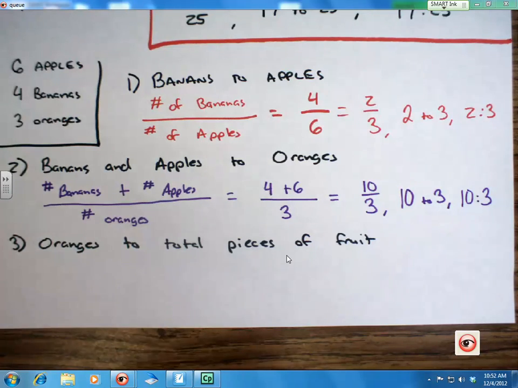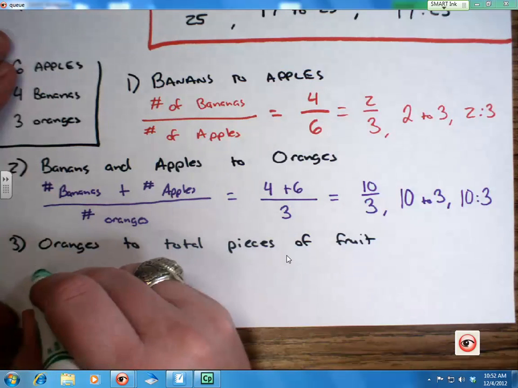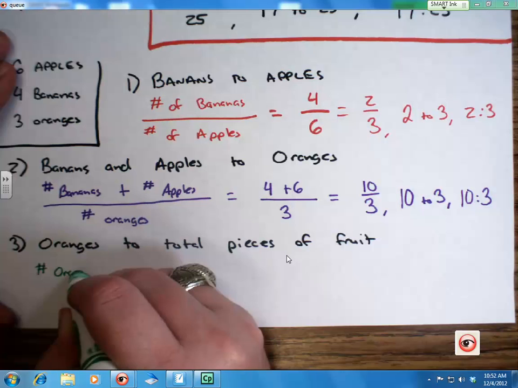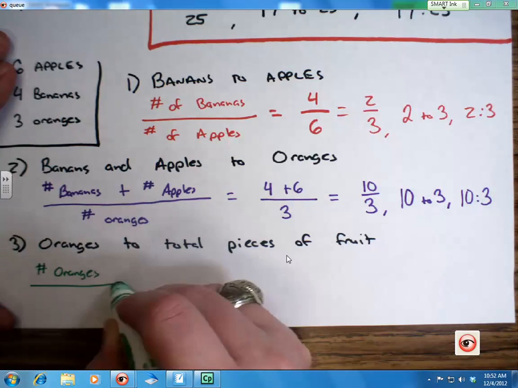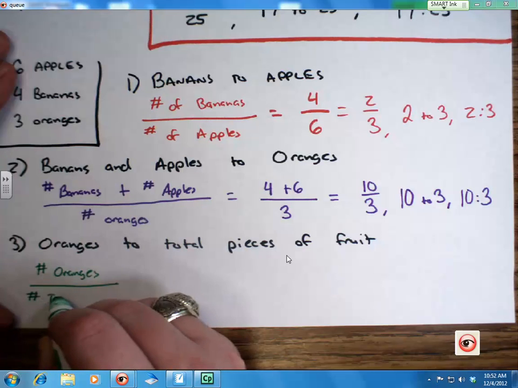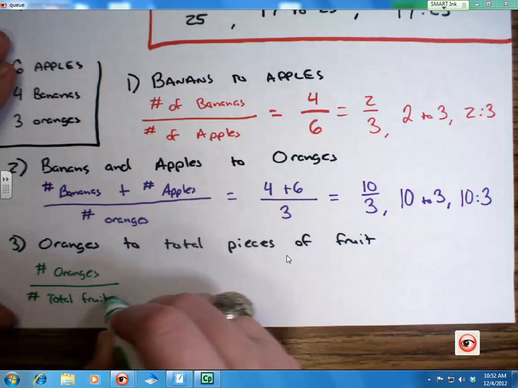All right, let's take a look at number 3, our final example. This one says oranges to the total pieces of fruit. So we're going to have our number of oranges over our number of total fruit. Well, let's see.